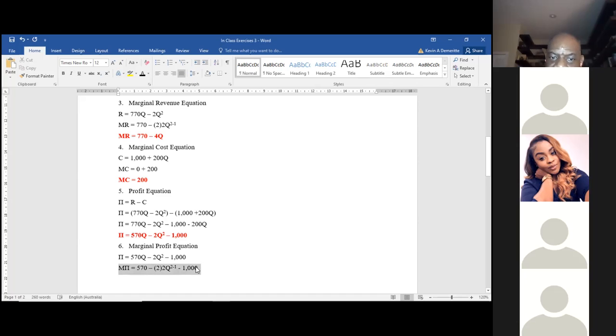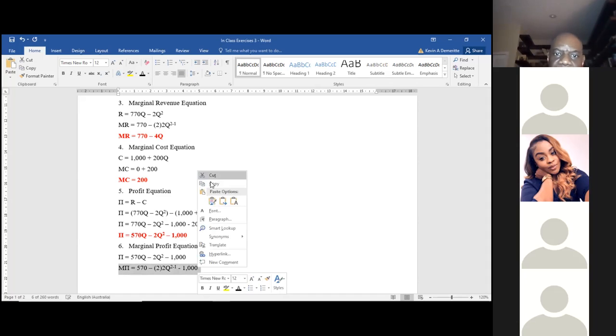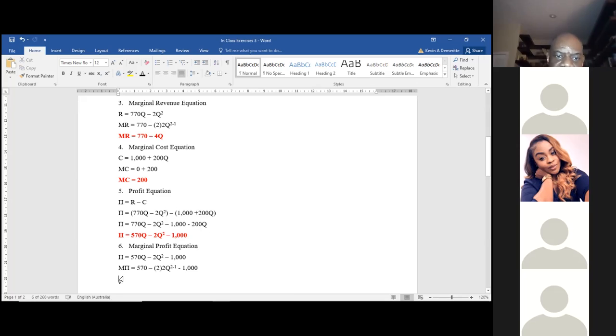So let's clean that up. Copy and paste. 570 doesn't change. 2 times 2 is 4, so it gives me minus 4q. 2 minus 1 is 1. Anything raised to the power 1 is itself. So I end up with 570.